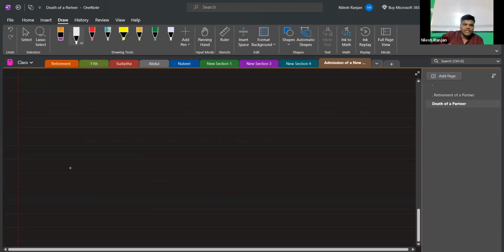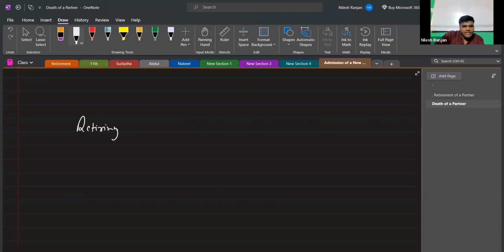In case of retirement, the account name is retiring partner's loan account, and in case of death, the account name is executor's loan account.